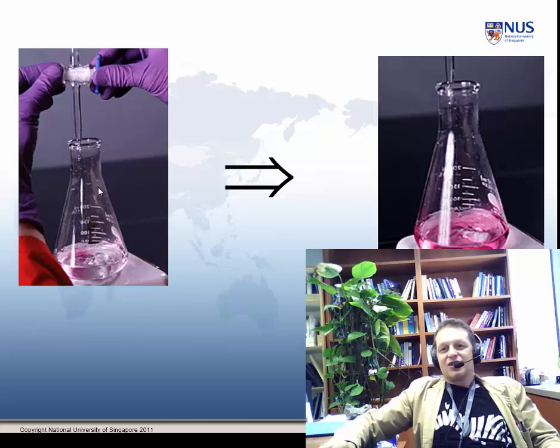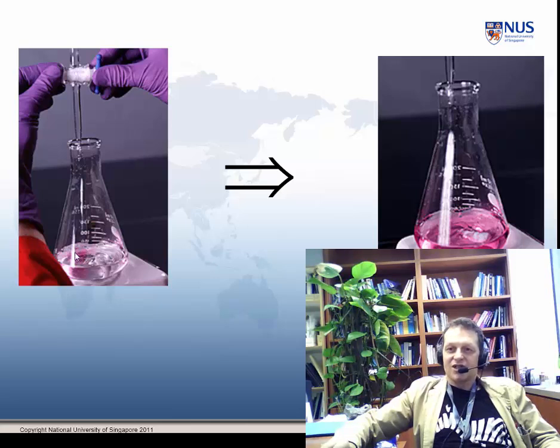And you remember, you add your alkali, you've got an indicator in here. Where the jet hits the surface, you have the pink colour where the indicator is in an alkali environment, but as you mix it back through the solution, then the acid takes over and it returns to colourless.